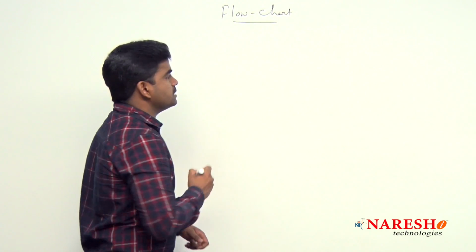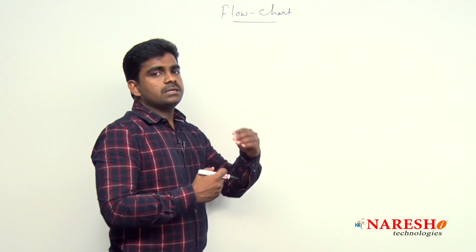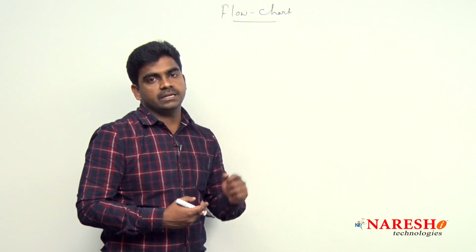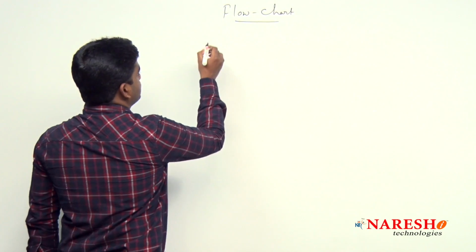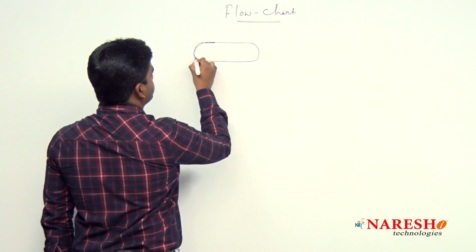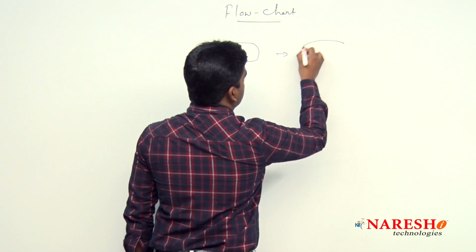Here, what are the symbols we are using? To represent the starting point and ending point, we can say more technically terminal, we are using just a rounded rectangle, or sometimes we can use an oval also.